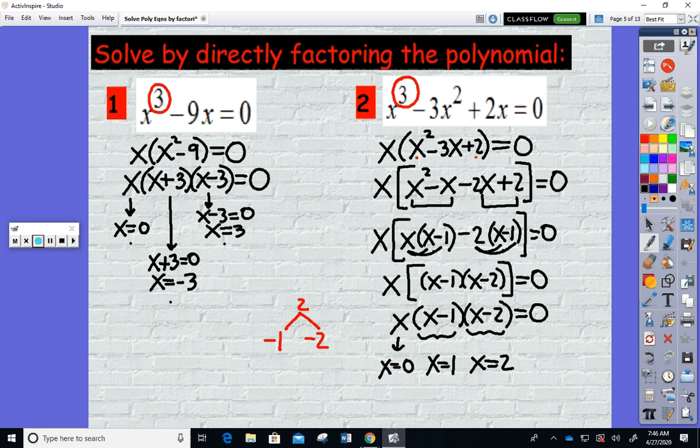Let me remind you of something, guys. Shortcuts. If you have a 1x squared, you could potentially skip these 2 steps. Only if you lead with a 1x squared. Because notice, I said I needed -1.